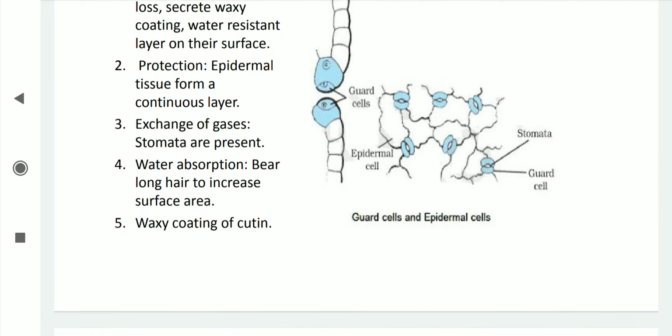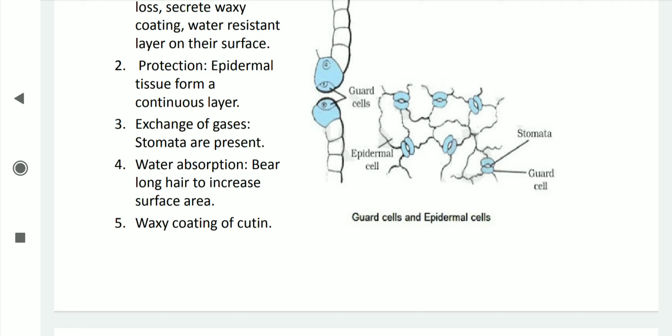As you are seeing in the picture, this epidermis is there and there are guard cells. You are seeing the guard cells? Okay. We observe small pores in the epidermis of the leaf. Not in the roots, not in the stem, but where? In the leaves. These pores are called stomata.